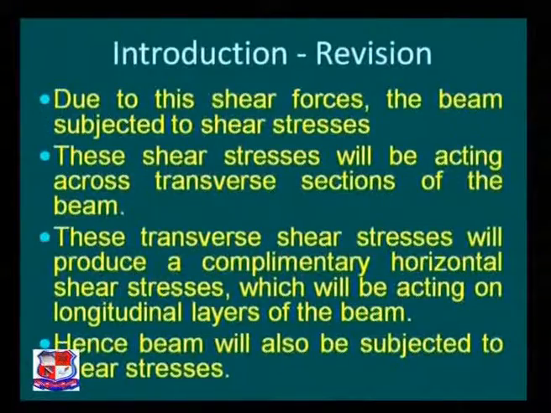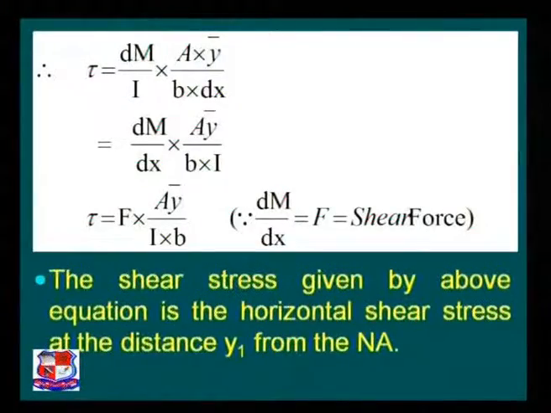In the previous class we also derived an equation of shear stress, specifically tau is equal to F A y bar by I b. Please refer to this PPT. Tau is equal to F A y bar by I b, where F is the acting shear force at a particular section, I is the moment of inertia, b is the width of the section, and A y bar is a combined term.